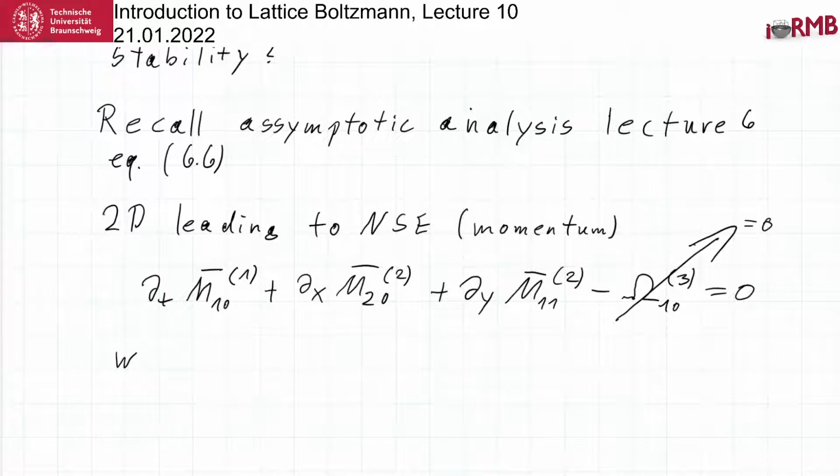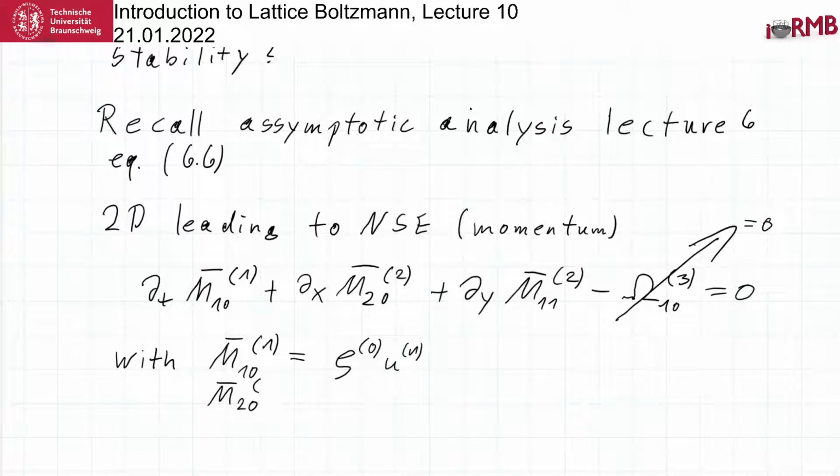Now, in order to get to the Navier-Stokes equation with this, we had to identify the moments with the primitive quantities. So this m10 first order was, of course, rho to the 0 order times u to the first order, and m20 second order was m20 equilibrium second order minus 1 over omega minus 1/2 times capital Omega 20. So this is where omega gets into the system.